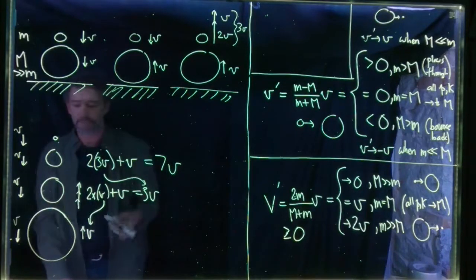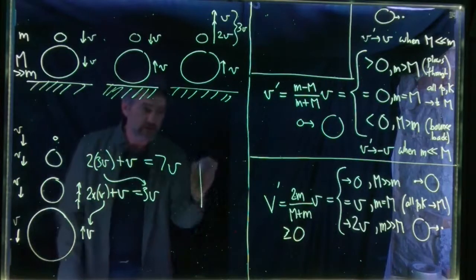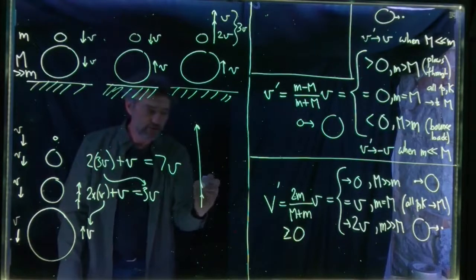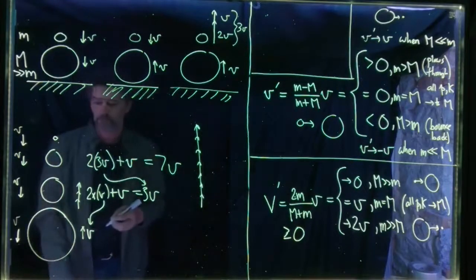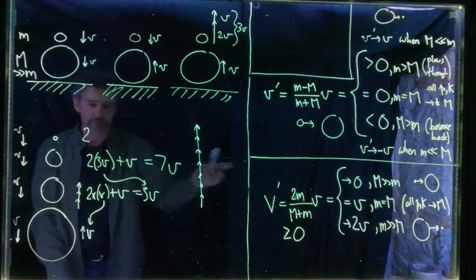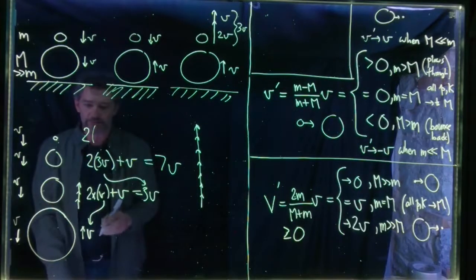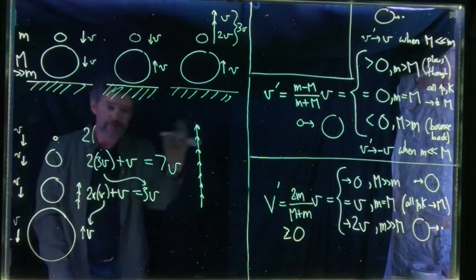Okay? And then we come to the final one over here. So 7v is really big. 7v is like this. Okay? 1, 2, 3, 4, 5, 6, 7. And then in this final case, again, we have this factor of 2, times the velocity of the ball below it on its way up, which is this 7v.